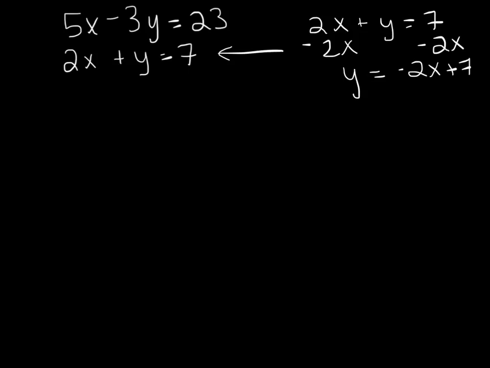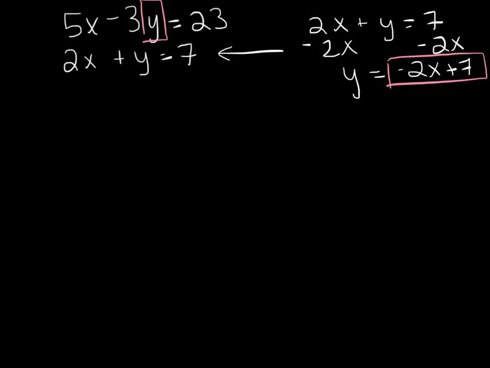Step 2 is to substitute this equation that we just made into our other equation. What that means is we now have something that is equal to y. So we have this part right here, which is equal to y. So in the other equation, we can just substitute it in right here.